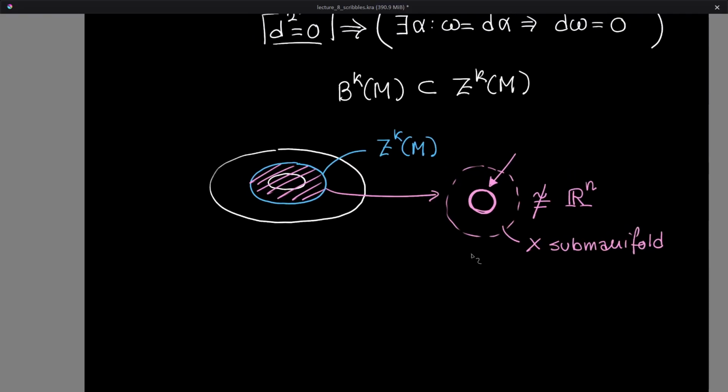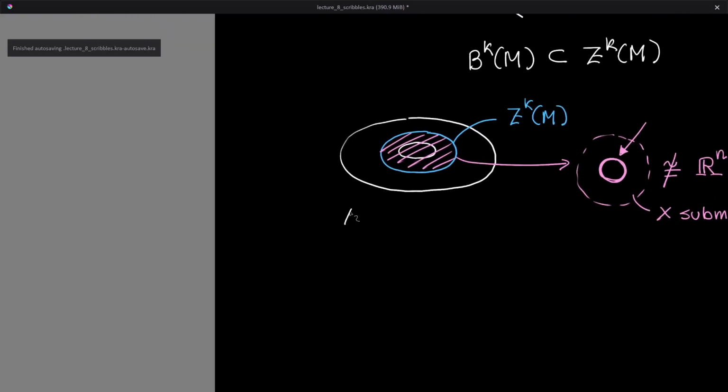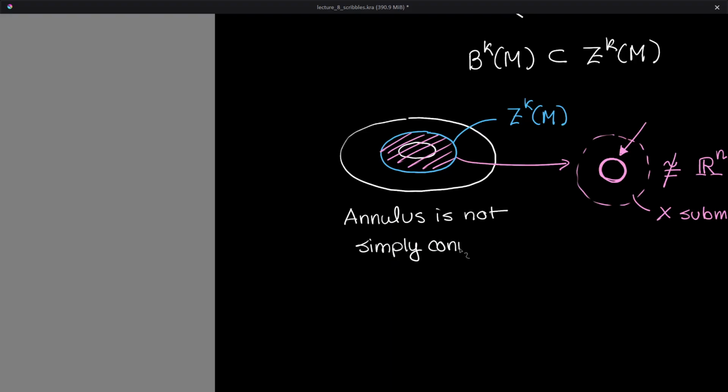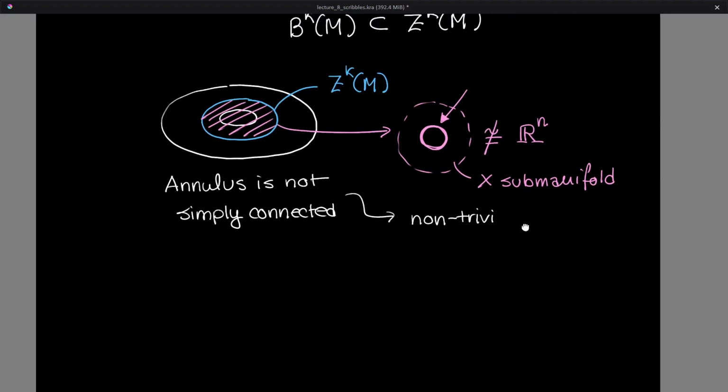So what this reveals actually is that the annulus, in a topological sense, is not simply connected. And so it has something called non-trivial homotopy. Hard to pronounce. Homotopy.